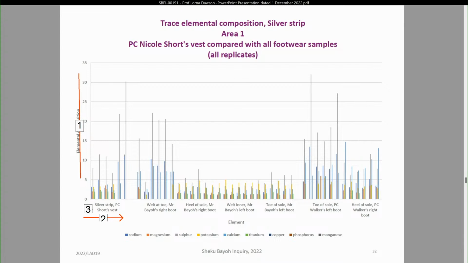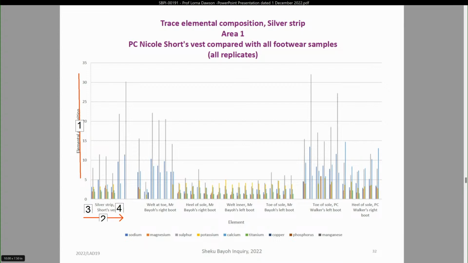That is a heterogeneous sample, which might lead us to conclude that it could be a mixture of sources, that particular sample from the vest.